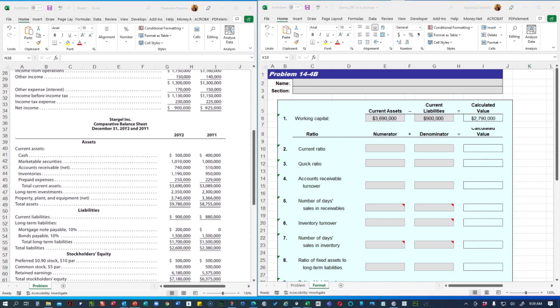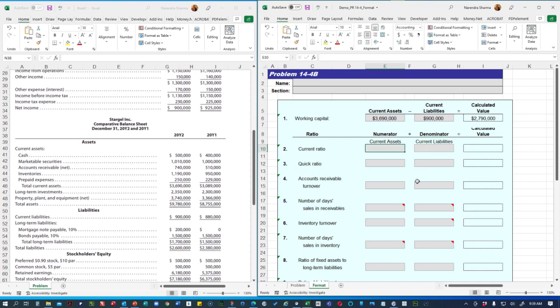Now the second ratio is the current ratio. As you can see, current ratio is current assets divided by the current liabilities. So we have those current assets as well as the current liability. So we should be okay with that. So the formula is, of course, current assets divided by your current liabilities.